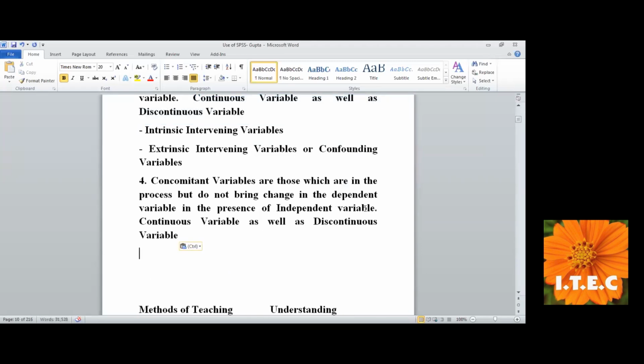So these are the relationships between continuous and discontinuous variables on one hand, and independent, dependent, intervening, and concomitant variables on the other hand.